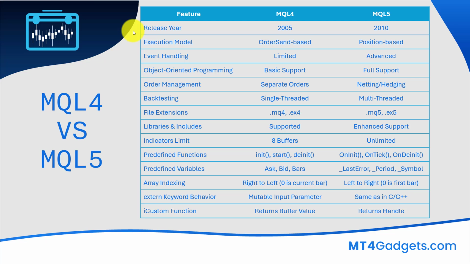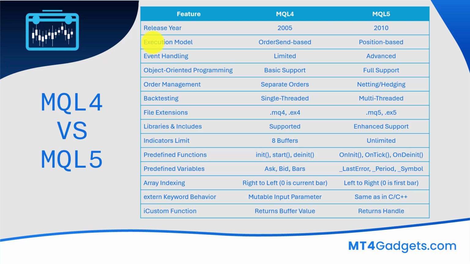Moving on, in terms of execution model, MQL4 has an order send based approach where you need to send individual orders or close individual orders, while that has changed with MQL5, which is more position based oriented. So you basically open a position, you can increase the position, reduce the position, close the position, but most of the interactions in terms of trading happen with position execution.